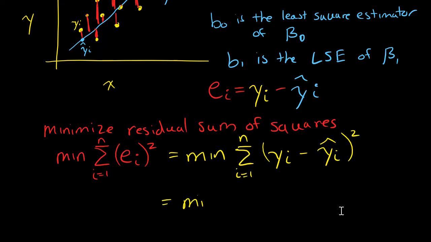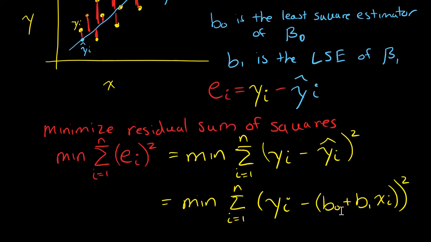So this is the same thing as minimizing the sum of yi minus, actually let me use another set of parentheses, (b0 plus b1 x sub i) squared. Okay, all I've done is I've plugged in the predicted formula, right?